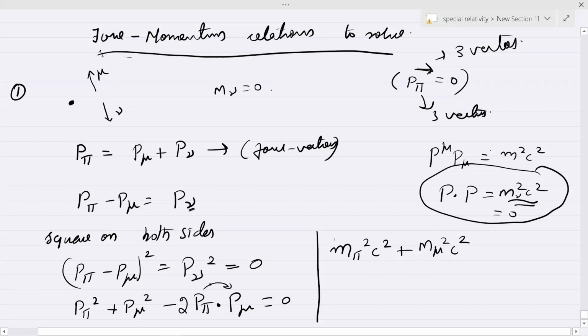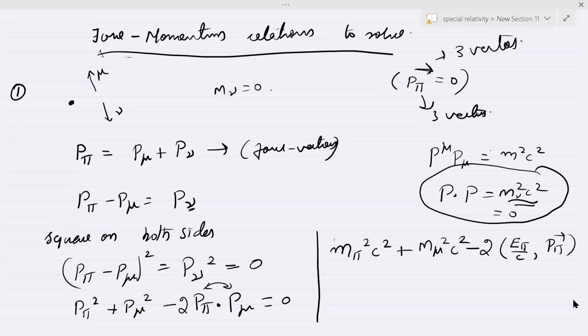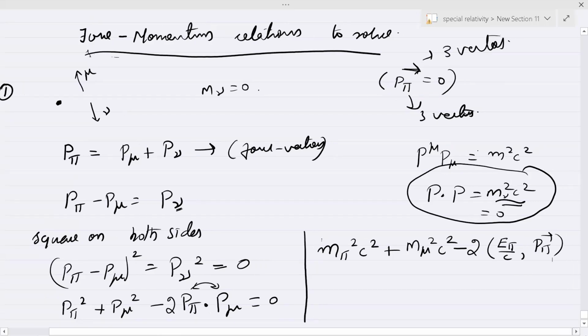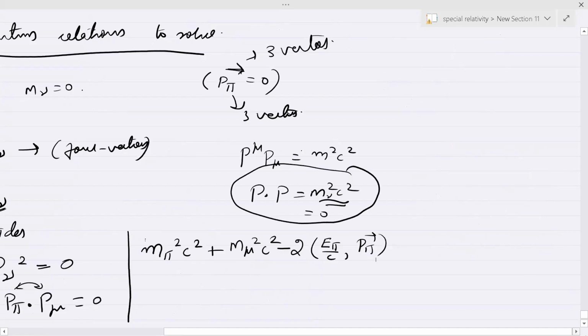This is a scalar product of 2 4 vectors. We need to be a bit careful here. So I write it in component form. P pi dot p mu. What are the components of p pi? The 0th component, we know that the time component is energy divided by c, and we have got p pi vector. These are the components. Is this clear?